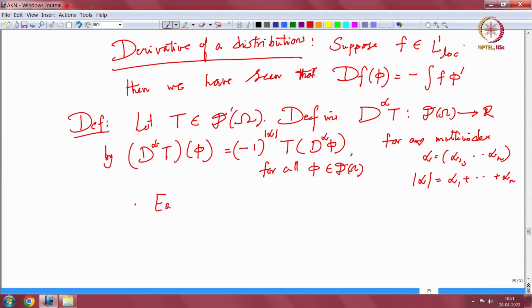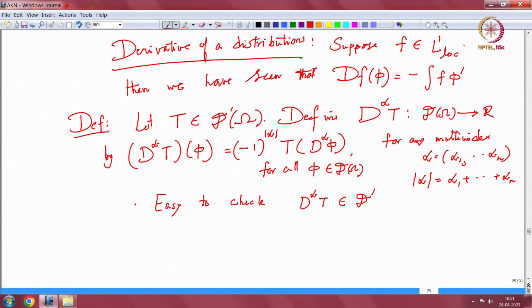It is easy to check that D power alpha of T is in D prime. That means D power alpha of T is linear, which is trivial because T is linear, and the continuity is also easy to check. If phi n converges to 0 in D(Omega), all its derivatives converge.